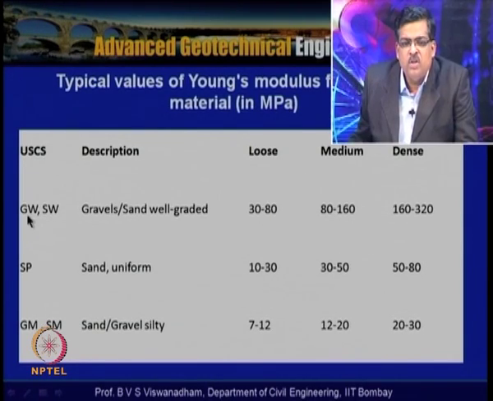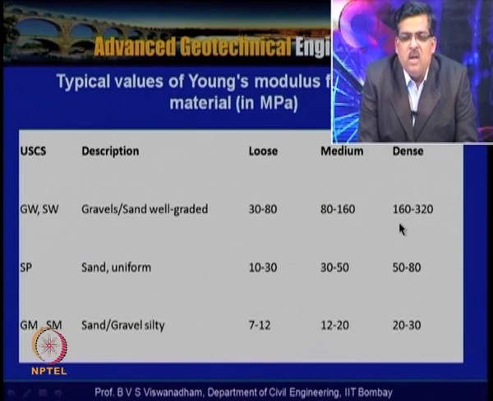For GW and SW, that is well graded gravel and well graded sand, in the loose state they have 30 to 80 megapascals, and in the dense state you can see that the E value is on the higher side, that is 160 to 320 megapascals.